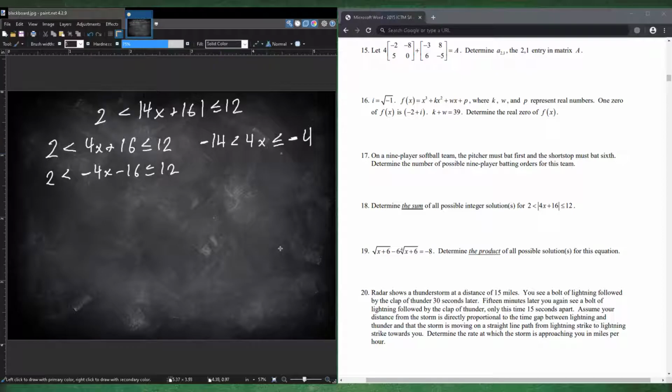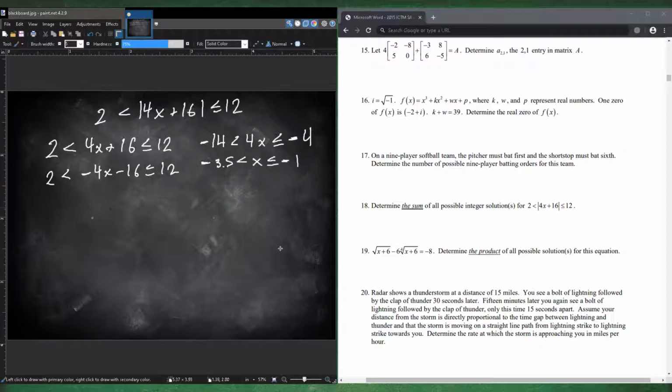Okay, so then we just divide by 4. So that's negative 7 over 2. So that's negative 3.5 is less than x is less than or equal to negative 1. Okay. So now for the other one, we add 16 to both sides.